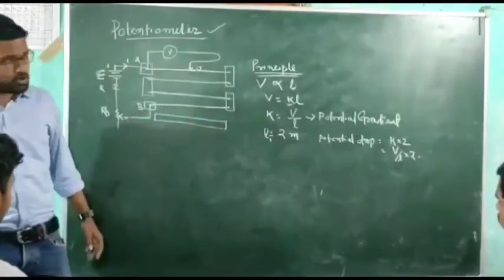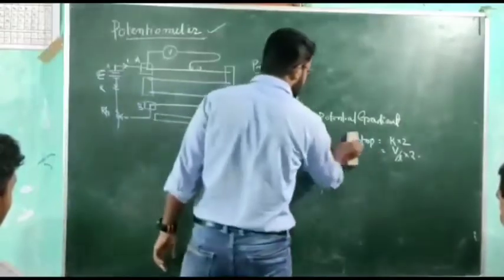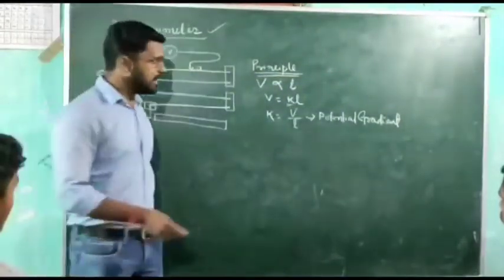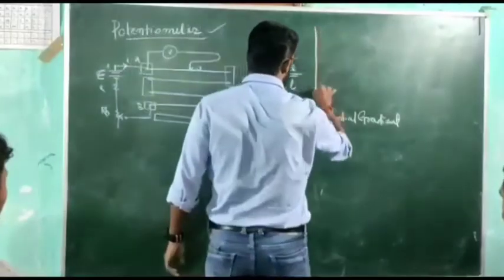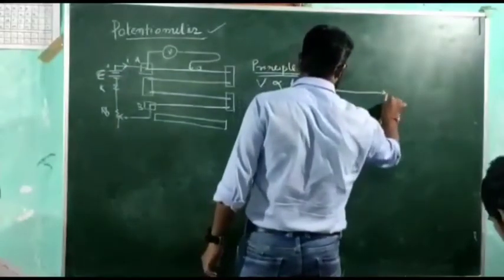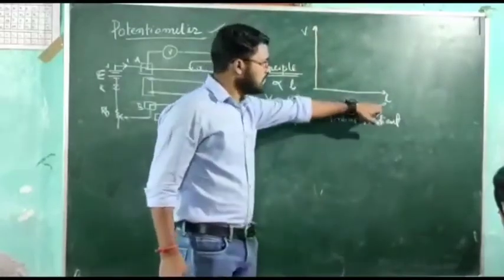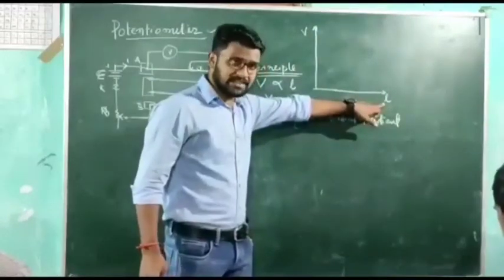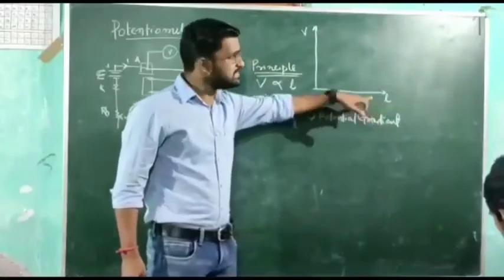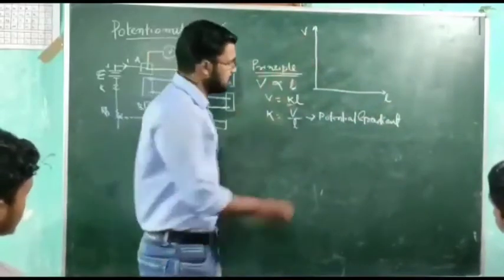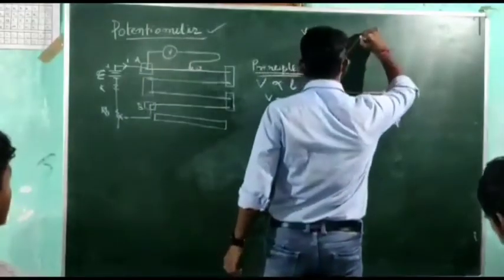Then if you draw the graph between this potential difference and L, see, this is L, this is V. I am taking L, the length of the wire, on the x-axis, and V, the potential difference, along the y-axis. Then this will be a straight line passing through the origin.